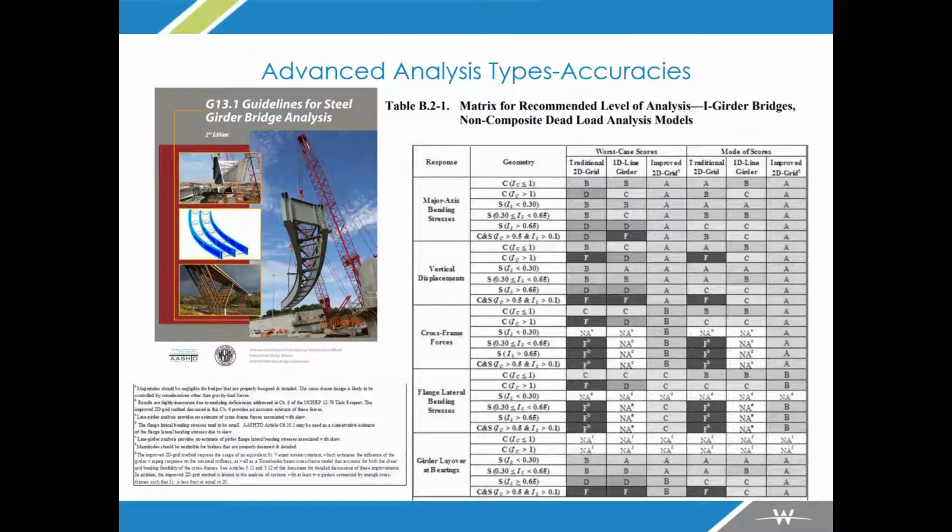So you've got different criteria for the response: major axis bending, vertical displacements, cross-frame forces, lateral bending stresses, which is really the curvature component, and layover at the bearings. So you've got all of these different parameters, and then some general ranges of stiffness that you're looking at for comparison. And again, these are dealt with in detail within that manual.